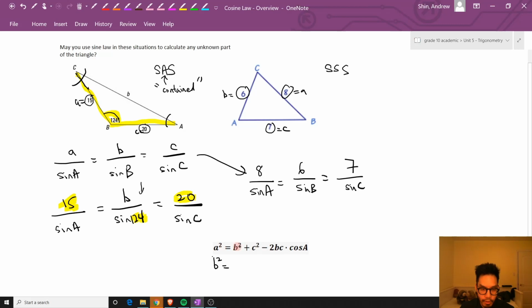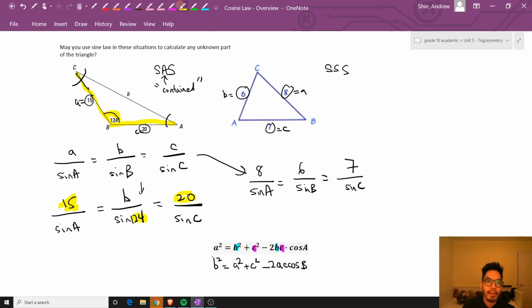And you see how it's a squared equals the other two sides squared? That's the same thing here. b squared and the other two sides squared. But the other two sides, in this case, are going to be a squared and c squared. Minus 2ac cosine B. Okay?